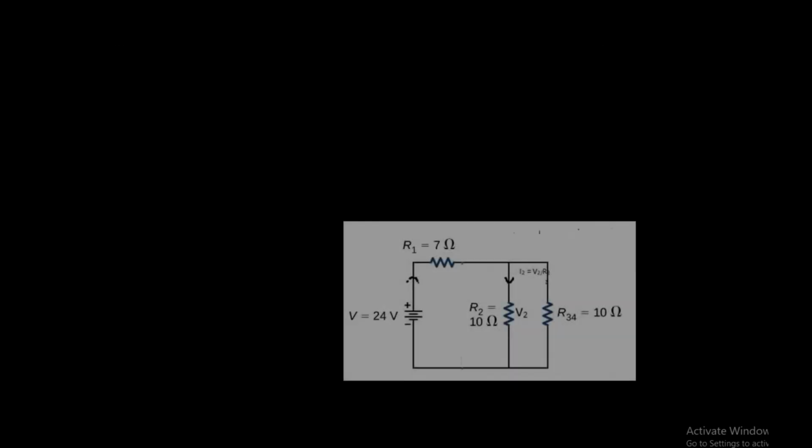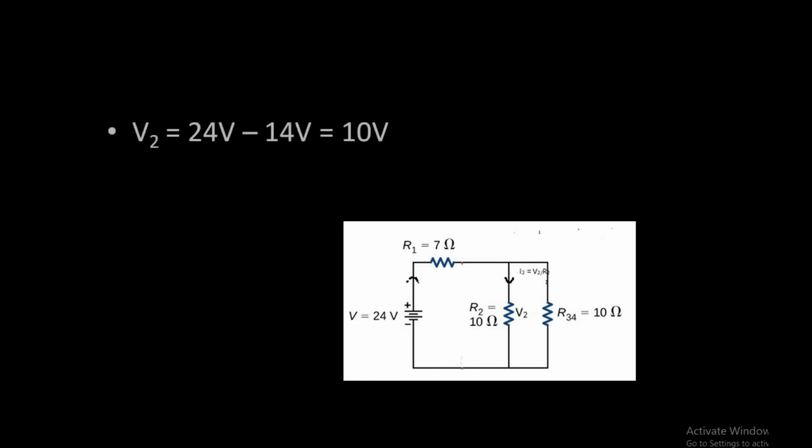Clear? Now here R234 is a parallel combination of R2 and R34, where R2 equals to 10 ohm and R34 is also equal to 10 ohm. Here I2 is given by V2 upon R2, and V2 can be easily found by the total potential minus the potential drop across the R1.